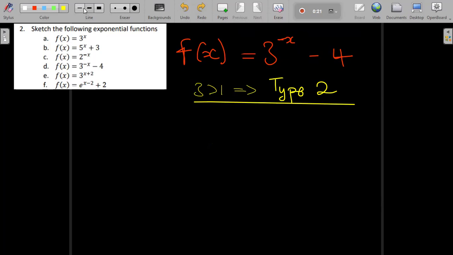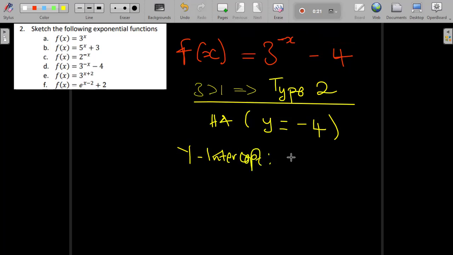But now let's find the horizontal asymptote. The horizontal asymptote will just be the value that you're adding or subtracting. So minus 4 will be our horizontal asymptote. Then from there we have to find the y-intercept. How do you find the y-intercept? We let x be equal to 0. From here, f of x is the same as y, guys.